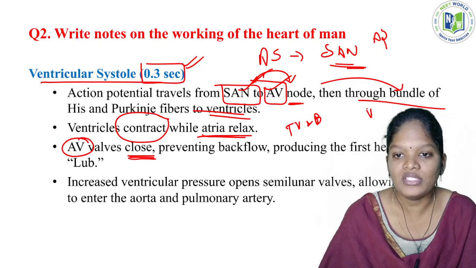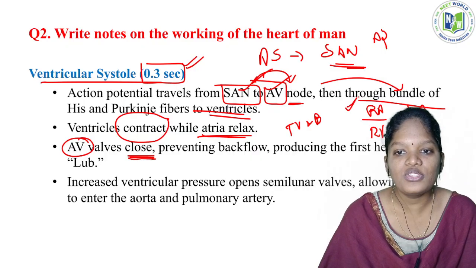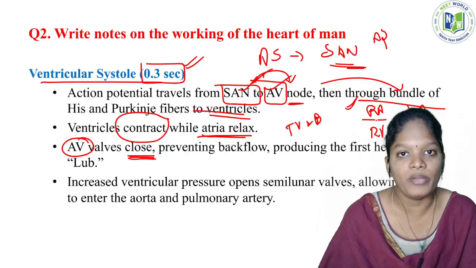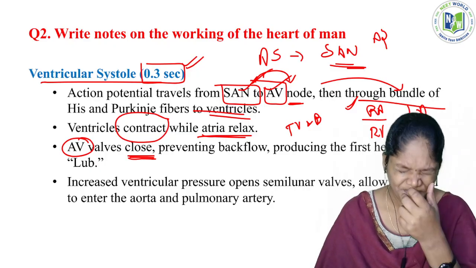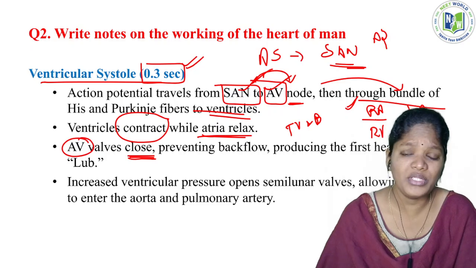Just imagine the right atrium and the left atrium, the right ventricle and the left ventricle, and the valves present between them. The atrial systole contracted, so these valves are open. All the blood present in the right atrium enters the right ventricle, and from the left atrium to the left ventricle.